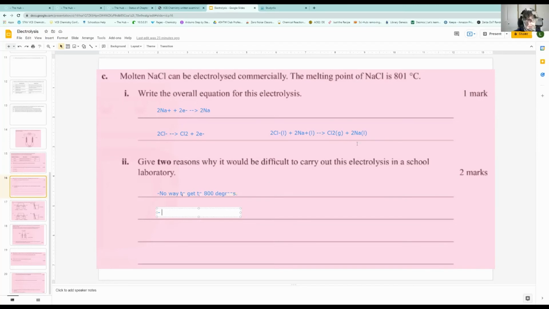If we have a look at this here, making sodium metal reacts with air, reacts with water that's in the air. So you could say no way to separate the sodium metal out of the molten mixture. You might also be unable to store the sodium metal as well.